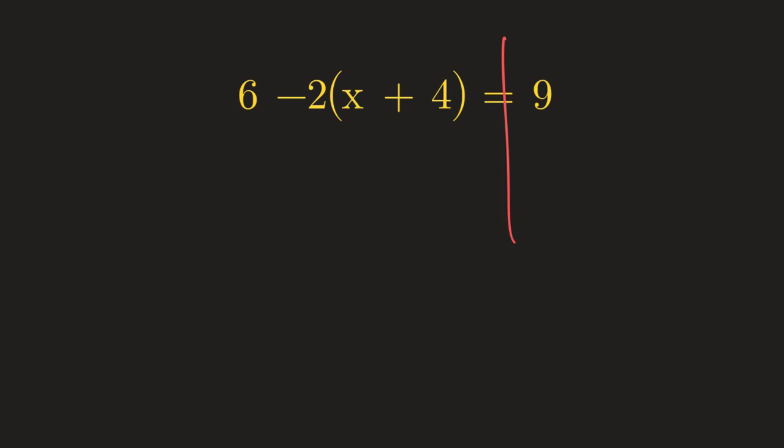Parentheses. Probably some distribution involved. Guys, remember, distribution involves multiplication. What do you think a lot of students are going to be tempted to do right out the gate here? What do you think the common mistake is going to be that a lot of students might do? What's staring you right in the face right here?